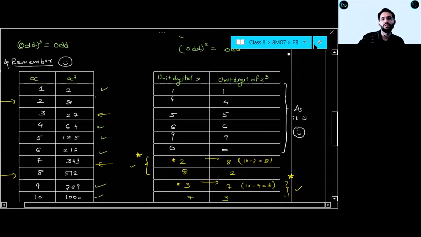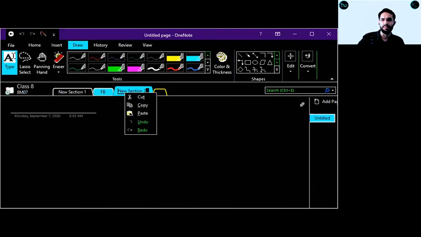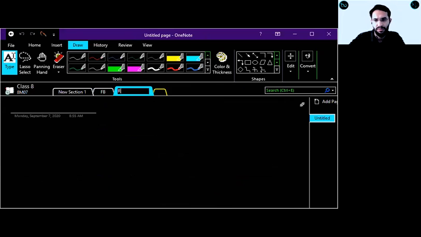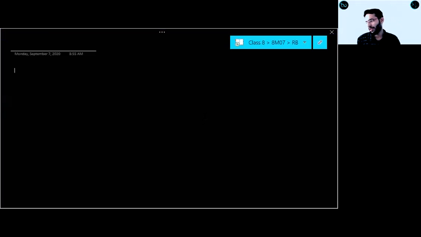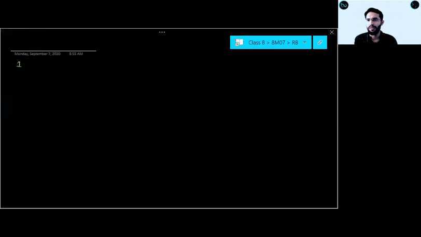So let us start a few questions based on this. Now, question number 1. In your module, you are having only one exam corner for this chapter. So question number 1, find the units digit of the cube of each of the following.